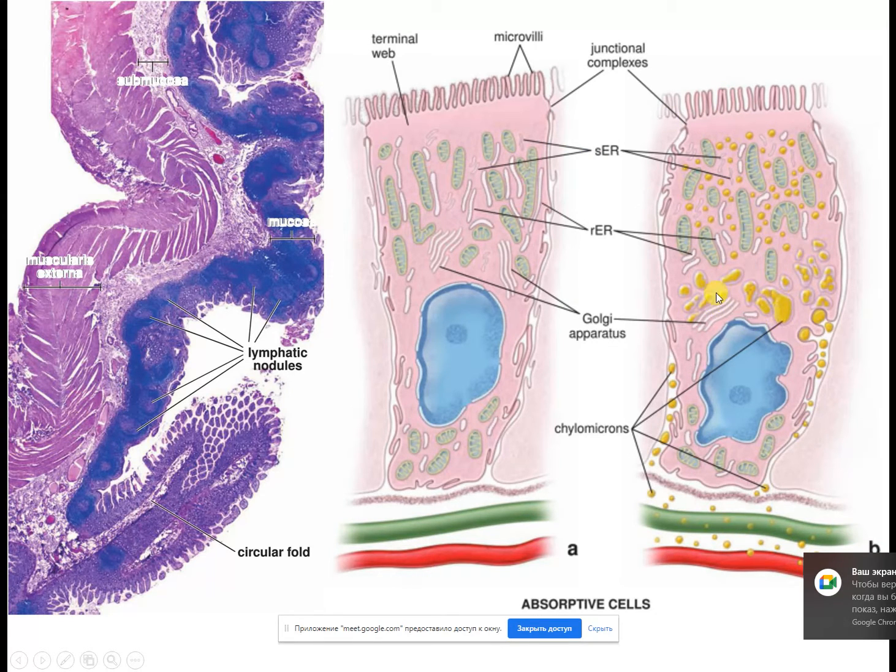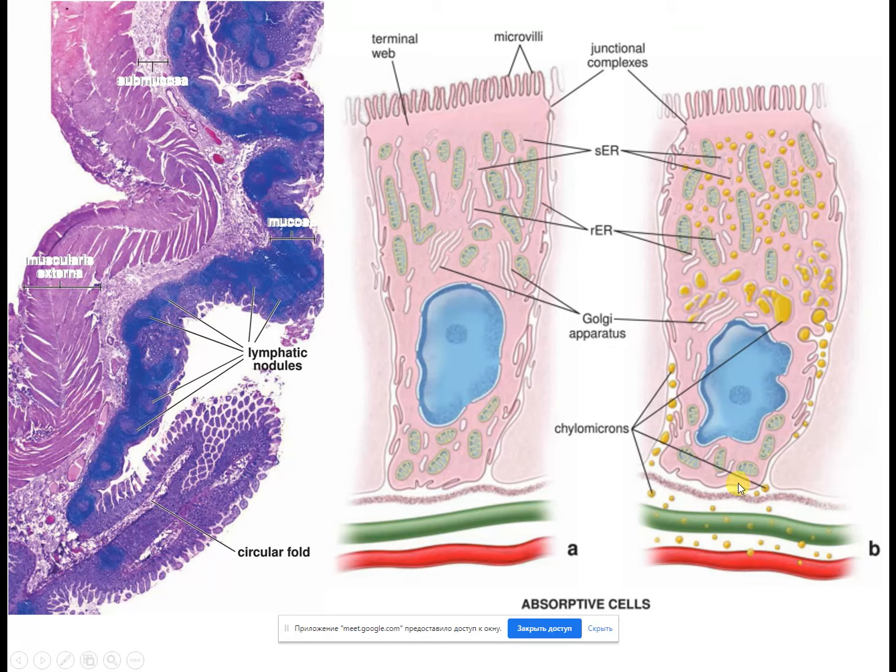And here, with the help of chylomicrons, with the help of proteins which are produced on RER, called apoproteins, they envelop these lipid droplets and travel them down to the basement membrane. Below the basement membrane we already have a lymphatic capillary and a blood vessel capillary.